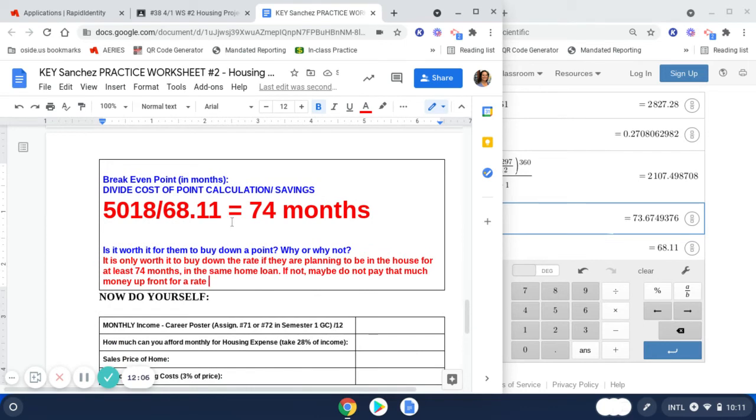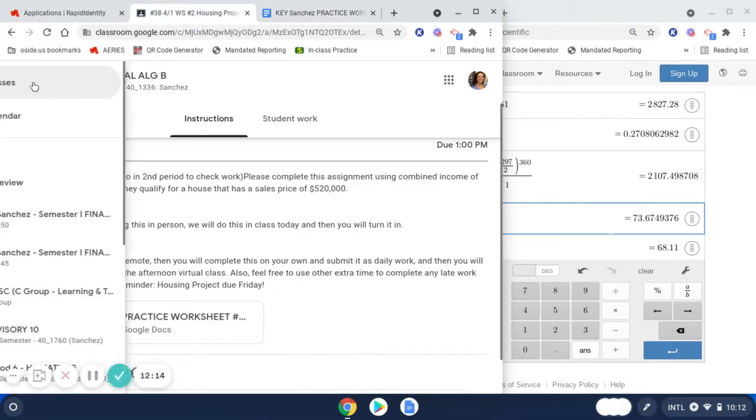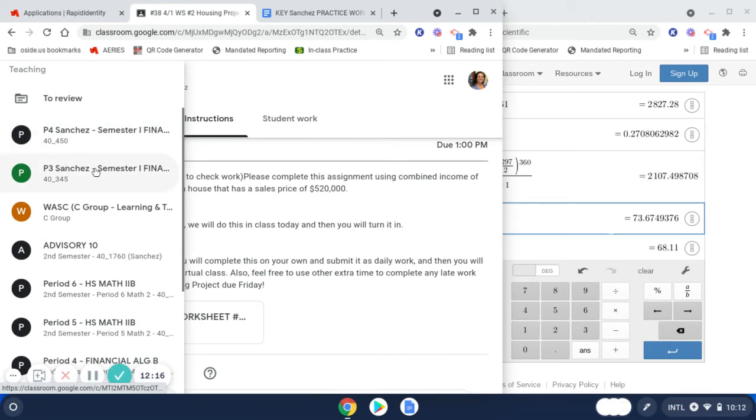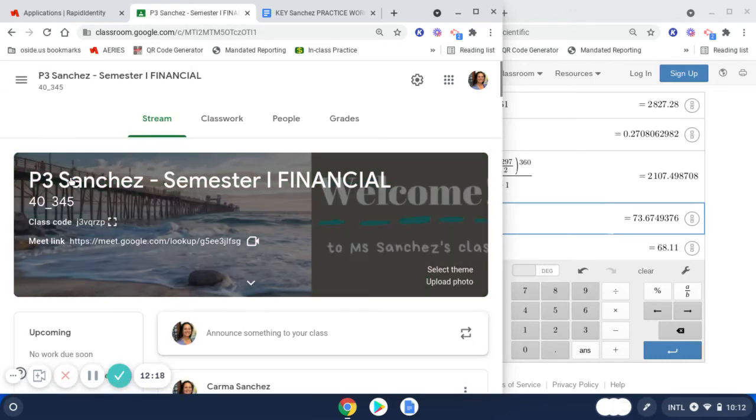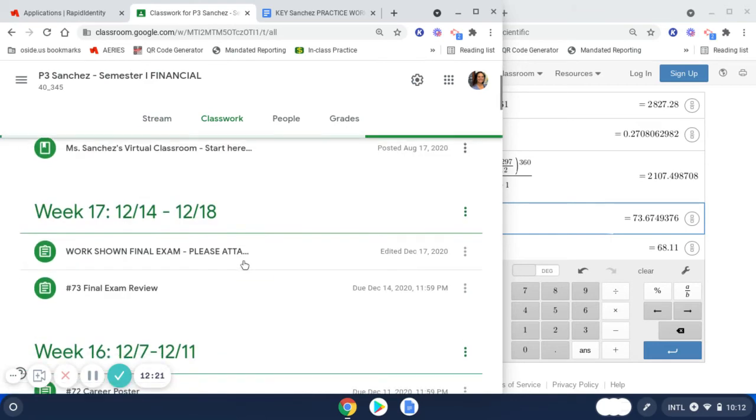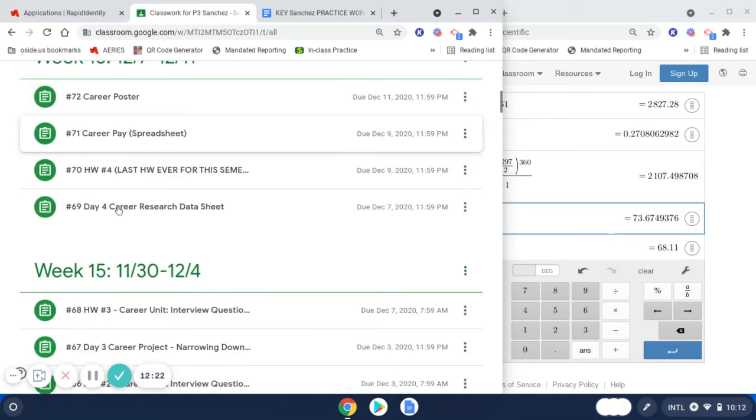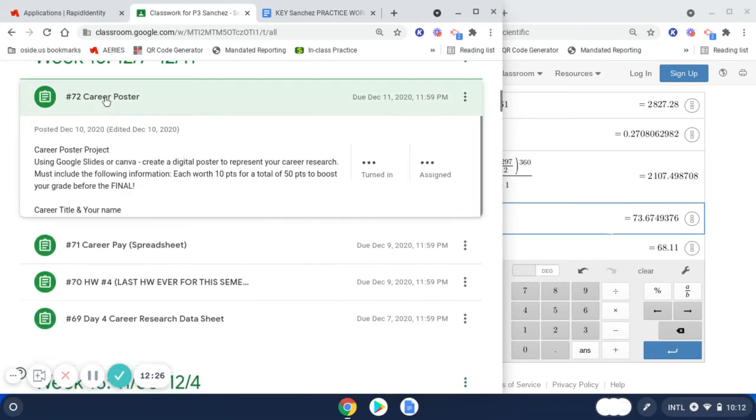Okay, so now that we've done this scenario on somebody else, you're going to do your worksheet on your scenario. So how do we do this? If you noticed in Google Classroom that the old period 3 first semester pops up. And if you go under classwork, there's your old career poster assignment.